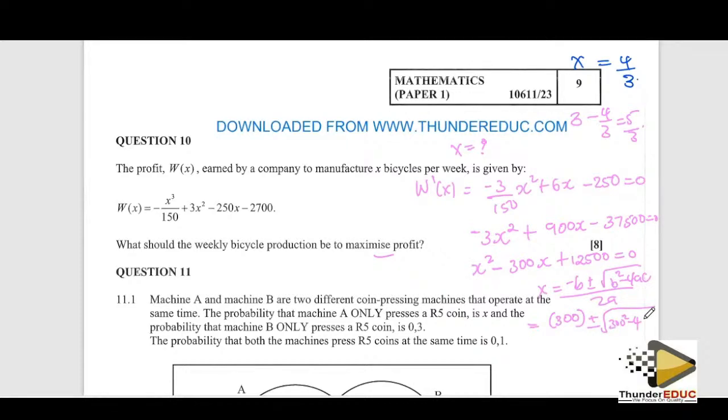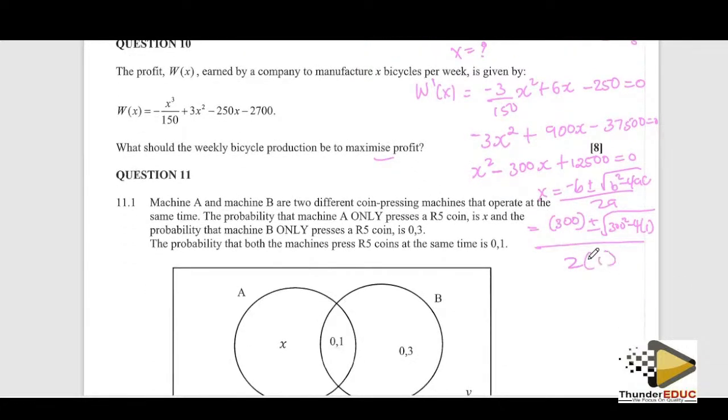Our a is 1. Our c is 12,500. So when I substitute that into the quadratic formula, what am I getting? Ending up with 50.